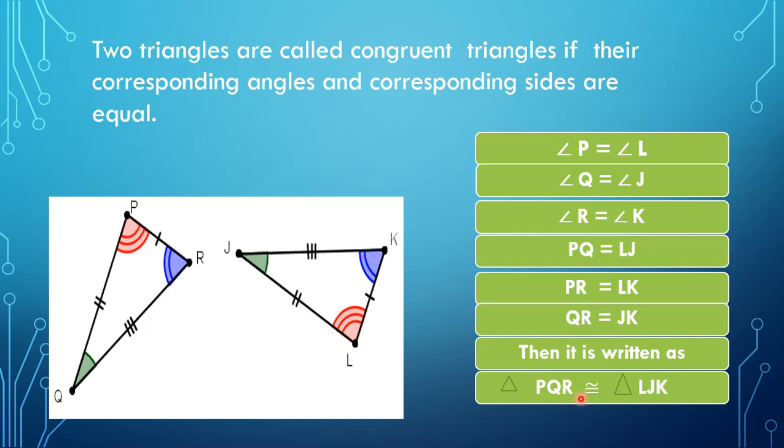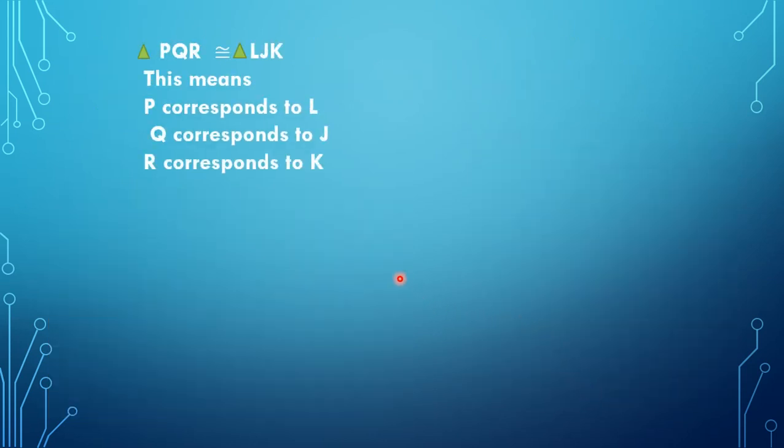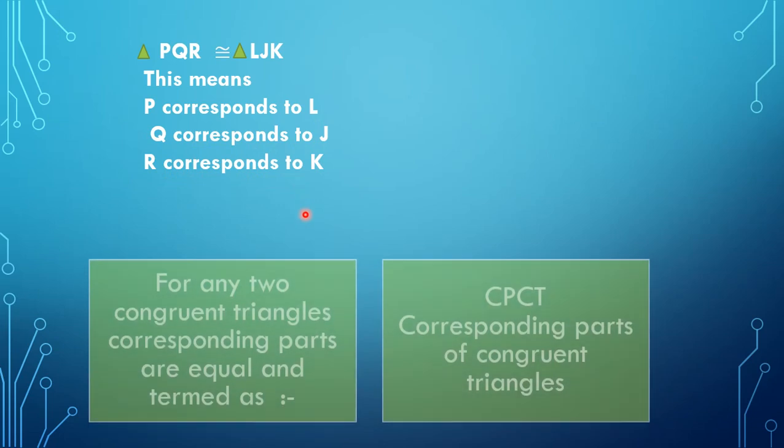Whenever we write congruent figures, we use this sign. When we say triangle PQR is congruent to triangle LJK, this means P corresponds to L, Q corresponds to J, R corresponds to K.